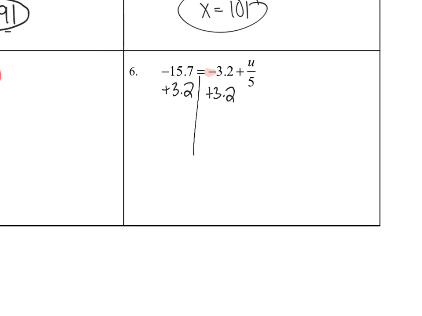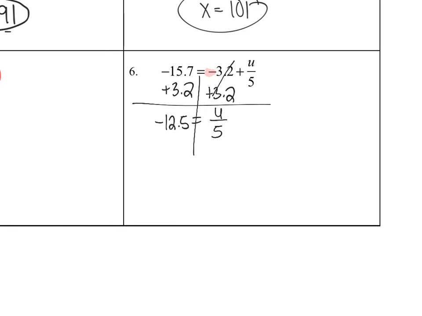Because in order to get rid of it, I need to add it because it is already negative. So now what I have is negative 15.7 plus 3.2, which is negative 12.5 for one side of your equation, is equal to, the 3.2 is gone, u divided by 5.